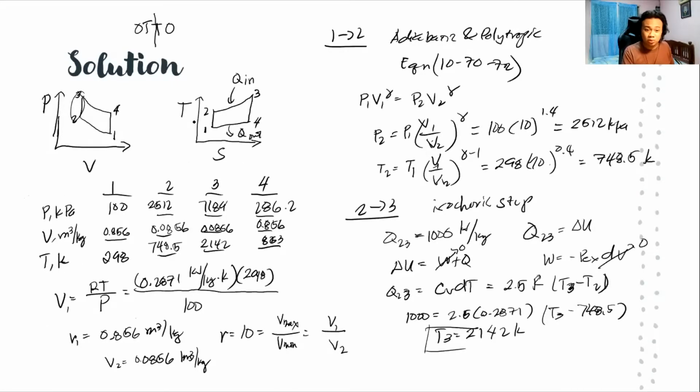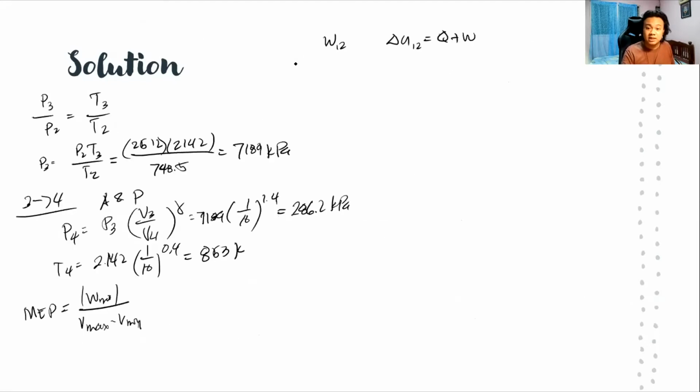As you can see, 1 to 2, diba? 1 to 2 here, 1 to 2 here. So this implies an isentropic step. What happens in an isentropic step is ds is equal to 0, and we know that ds is equal to dq over T. So if this is 0, dq is also 0. So W12 is equal to Cv delta T, diba? Which is equal to the internal energy.